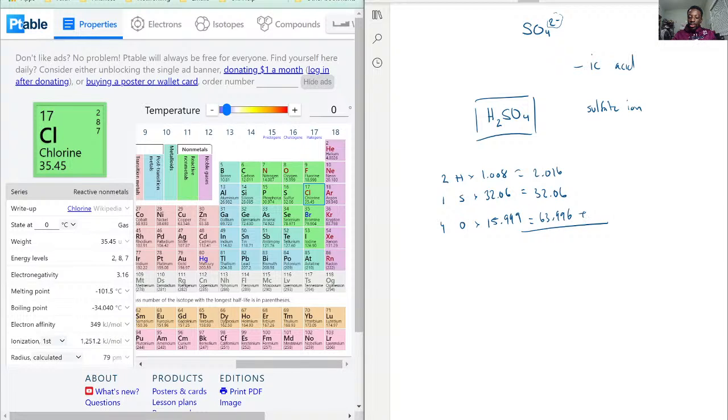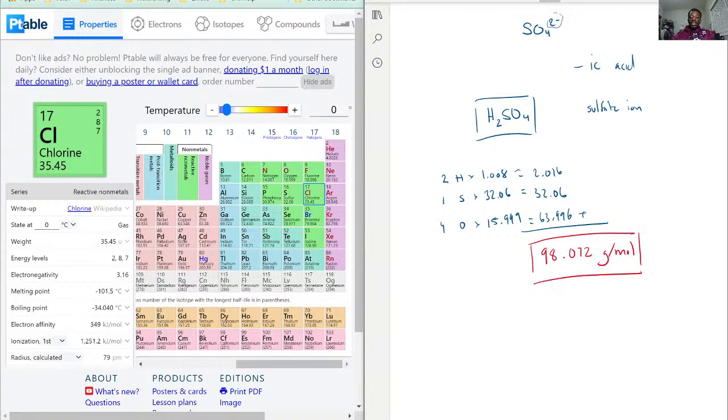We're going to add all of them together, and by adding them together, you've now accounted for all your constituents of sulfuric acid, and so you'll get 2.016 plus 32.06 plus 63.996, which is 98.072 grams per mole.